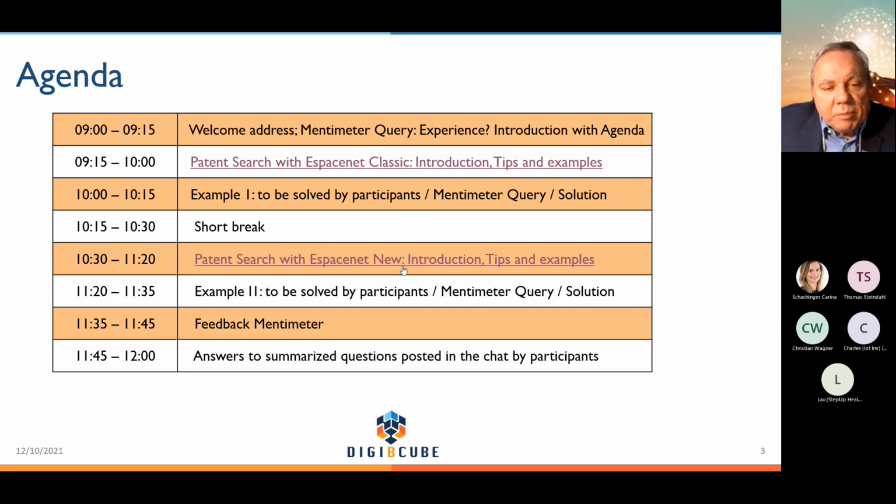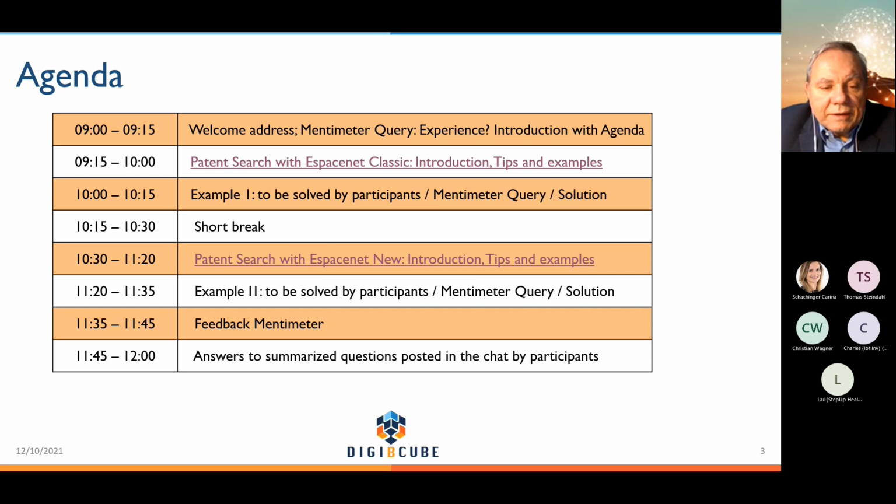And this will be then also followed by an example 2, which you are invited to solve and to also give your results into the Mentimeter query. And later on, as also with example 1, I will show you the solution I would prefer.